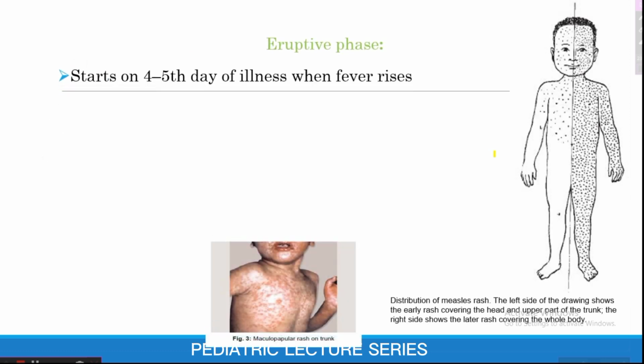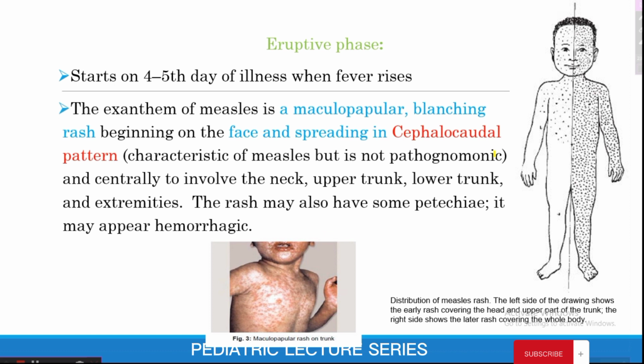So the third phase, which is the eruptive phase, starts on day 4 or day 5 of the illness when fever rises. It's characterized by a maculopapular blanching rash on the face and spreading in a certain pattern, that is cephalocaudal pattern.